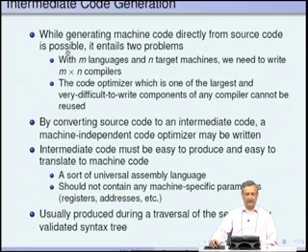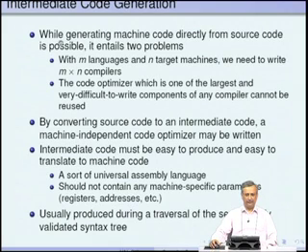But if we are generating machine code directly, then the code optimizer, which is one of the largest and most difficult components of any compiler, cannot be reused. The code optimizer will have to be targeted towards the machine code being generated, and every machine has its characteristics which are very different from each other, so we will not be able to reuse this particular code optimizer.